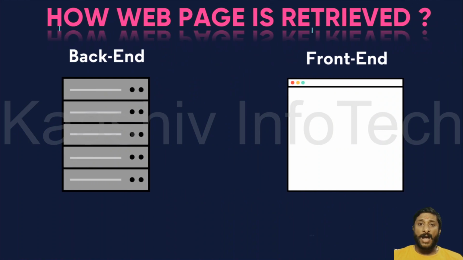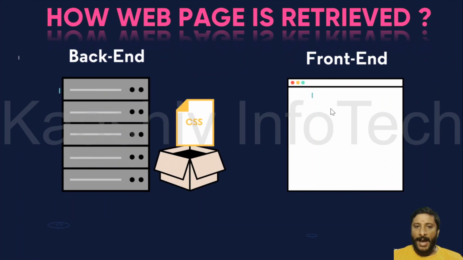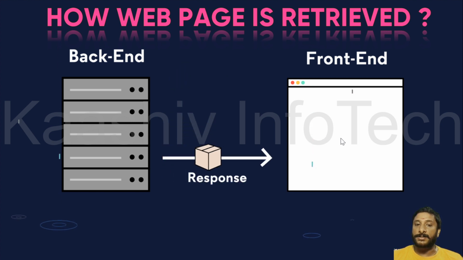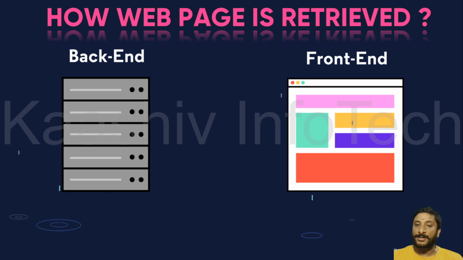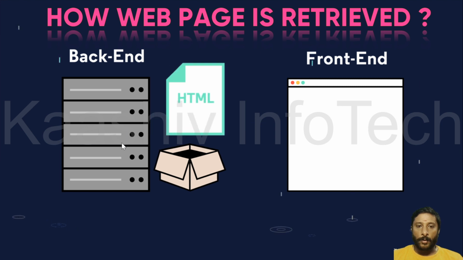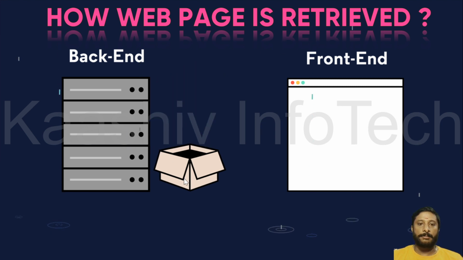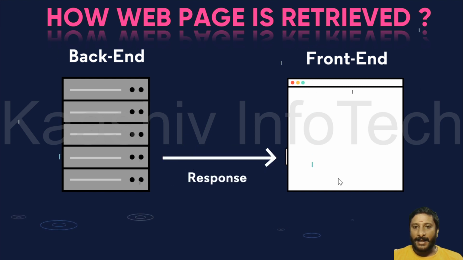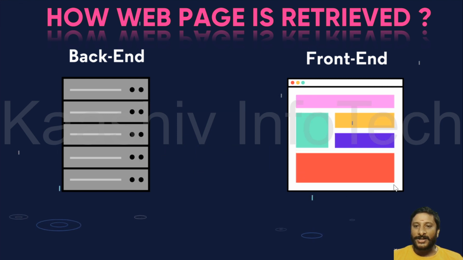Now you may ask, how is this web page retrieved, sir? Venkat is here, accessing the website. There are three major things: a request and a response. I'm going to send a request now: gmail.com. The Gmail HTML, CSS and JavaScript come packed as the response, and you are able to see gmail.com.